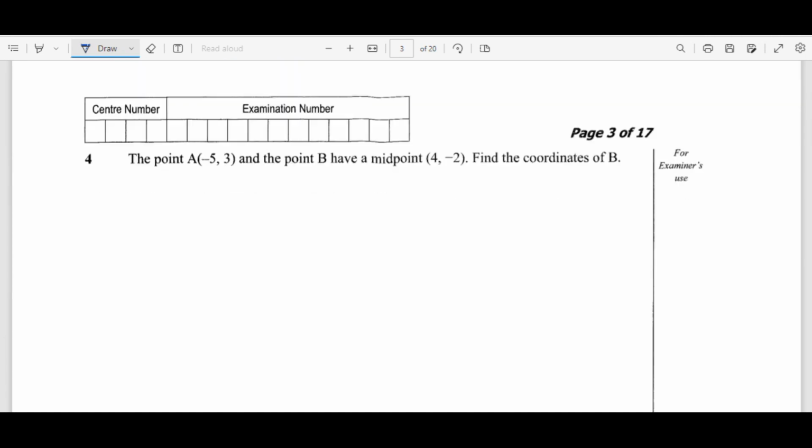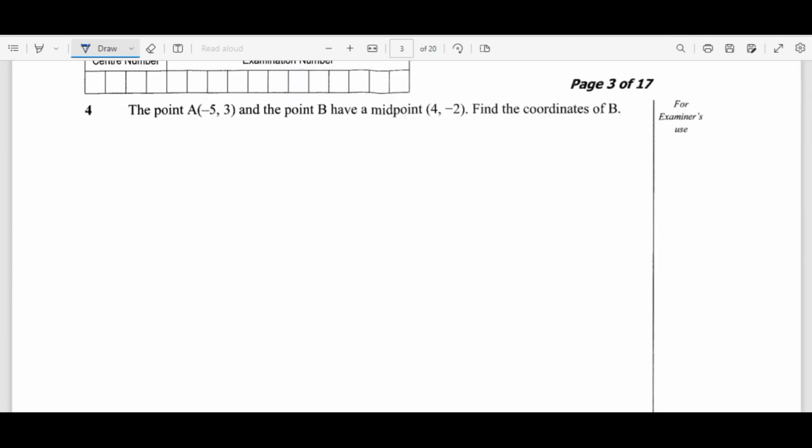Okay, so let us move to another question. We have this question, which is the point A, open bracket, negative 5, comma 3, and the point B have a midpoint 4, comma, negative 2. Find the coordinates of B. So we want to find the coordinates of B, but we haven't been given it.